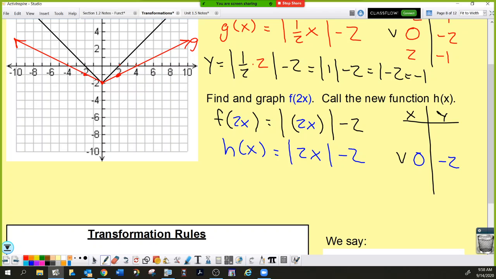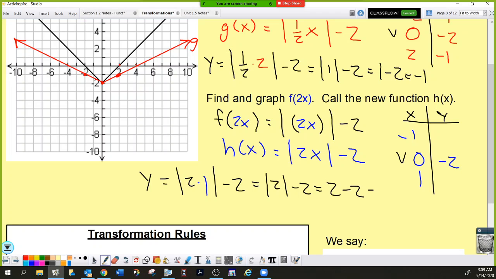Feel free to move left and right by 1, and plug in whichever one you're more comfortable with. I like the one to the right. So 2 times 1, and then -2. That's the absolute value of 2 minus 2, which is 0.